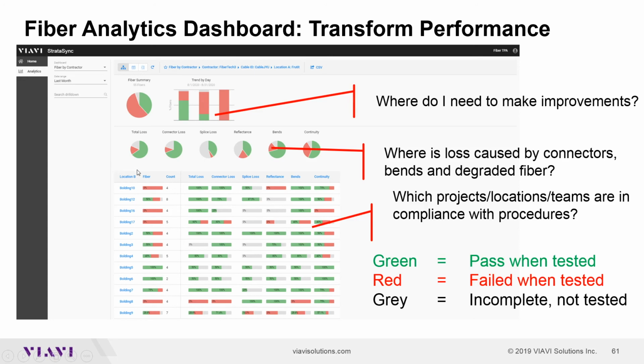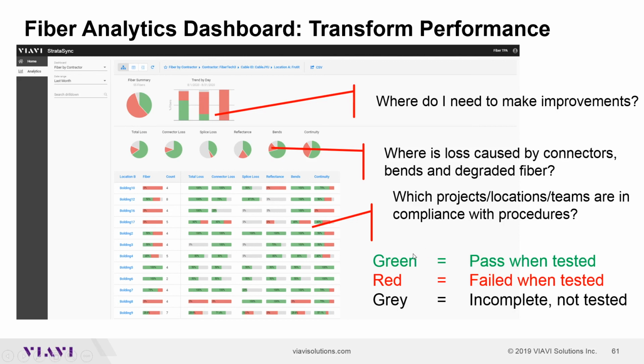And then we can see our KPIs: total loss, connector loss, splice loss, reflectance, bends, and continuity. And then we can see those specific features for individual fibers. And this happens to be from location B because we're doing bidirectional testing when we do construction so that we can determine what our upstream and downstream loss and KPIs are.